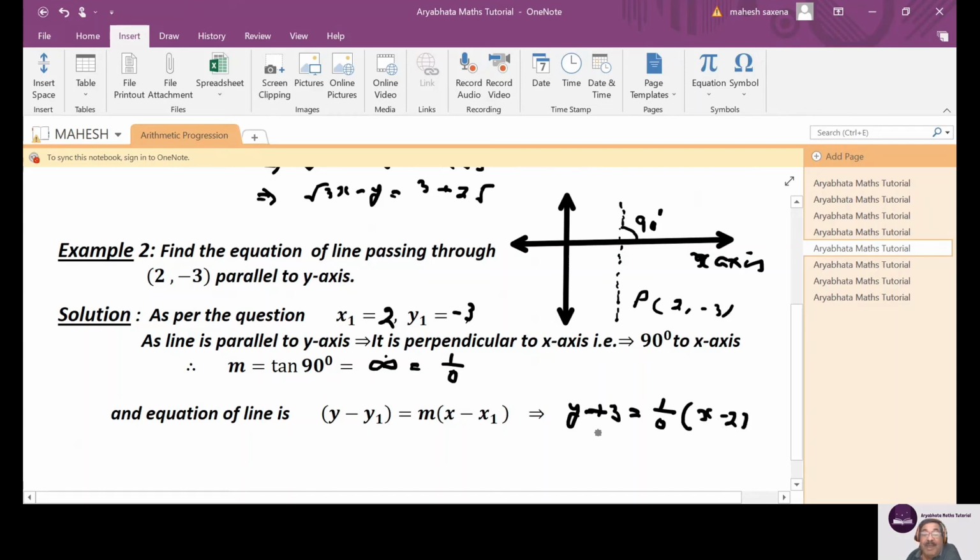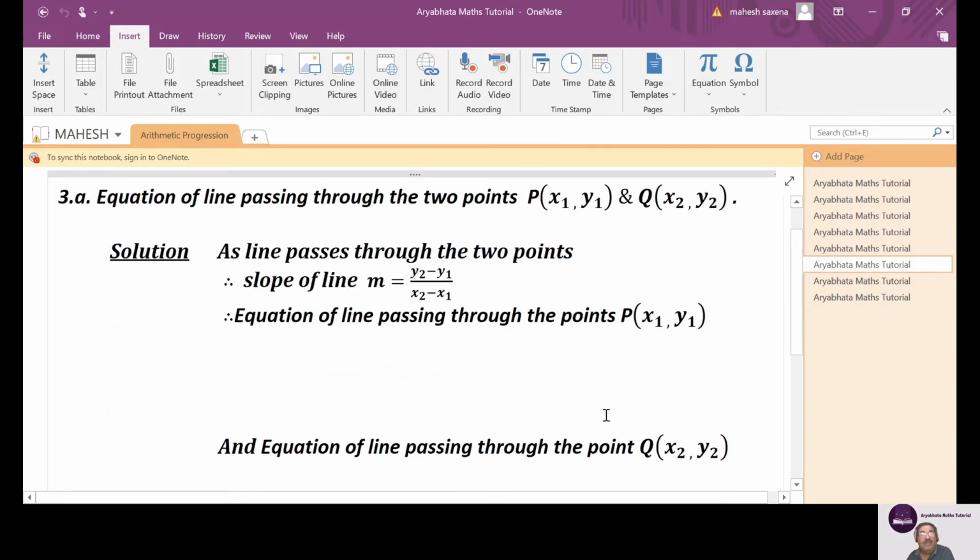By cross multiplying, we get 0 is equal to x minus 2. Therefore, x is equal to 2 is the desired equation of a line passing through 2, minus 3 parallel to the y-axis.